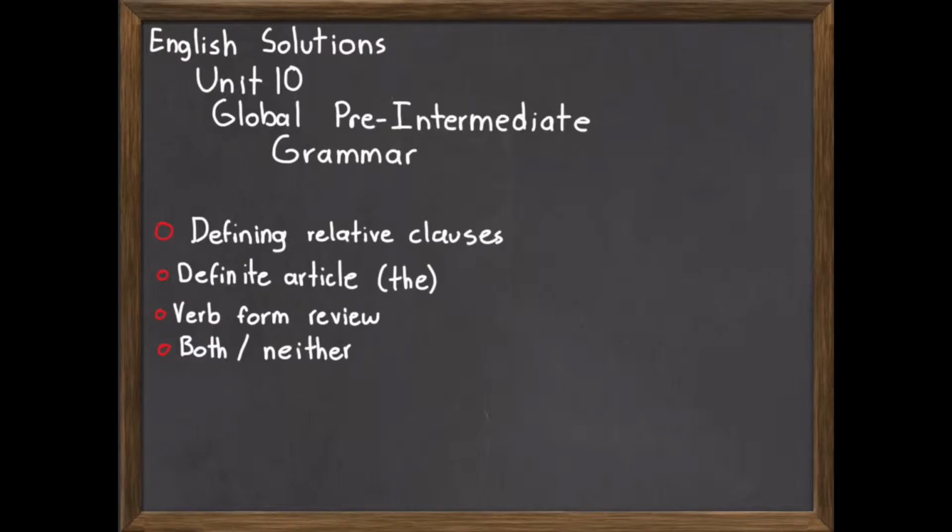We will also look at the definite article the, when it's used, and how we can use it in different ways. Also, we will have a review of the verb forms. And finally, we will look at both and neither, these two words, and when we use them. So let's begin.